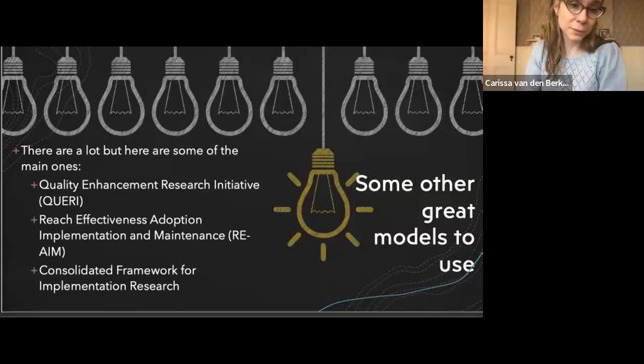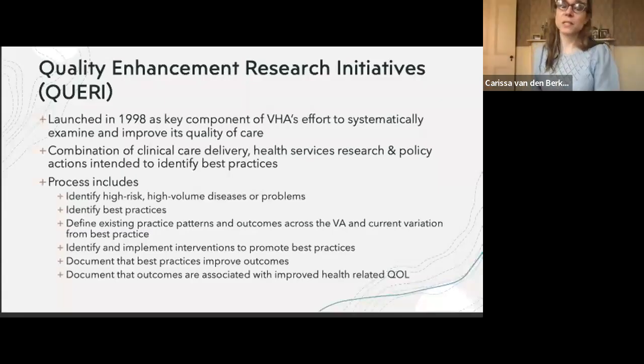So we're going to start with QUERI. This basically started in 1998 as a key component of the Veterans Health Administration. So this is basically the larger veteran hospital organization's effort to sustain and examine and improve quality of care.